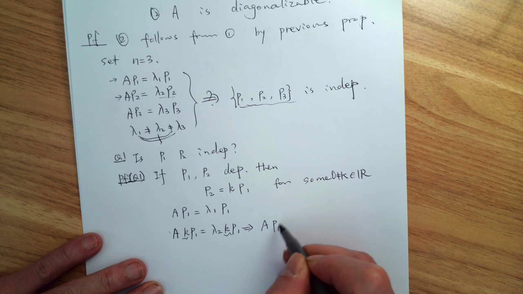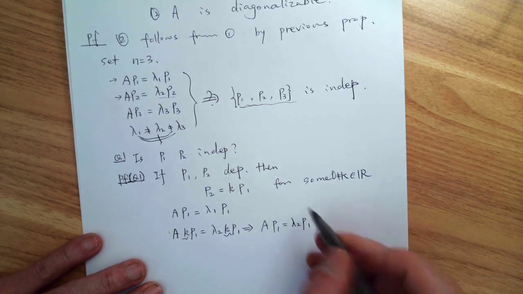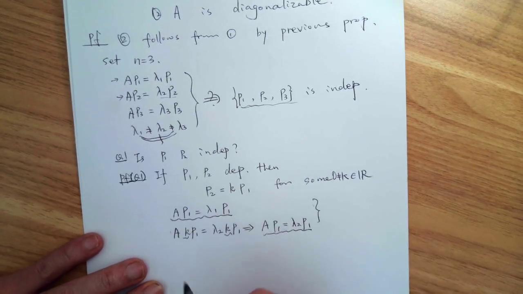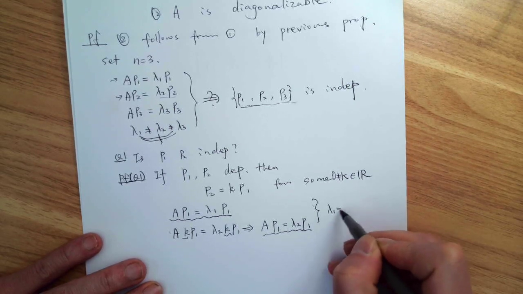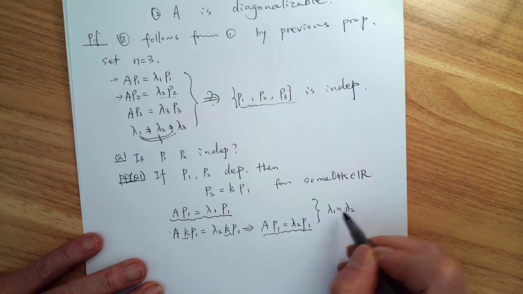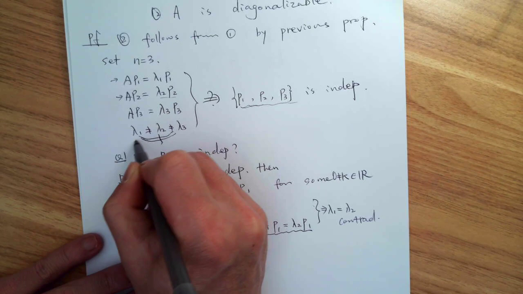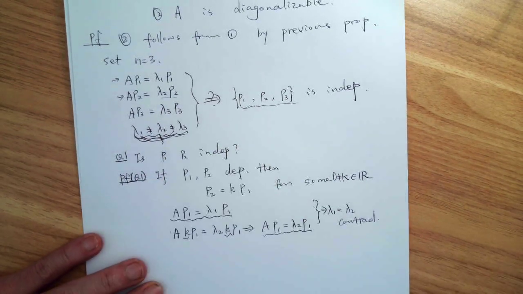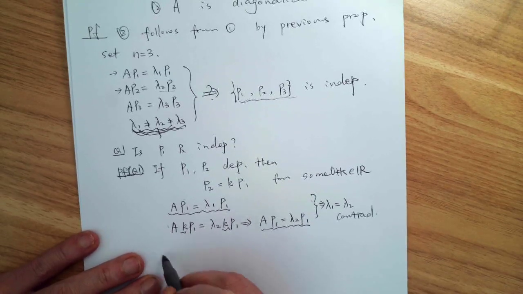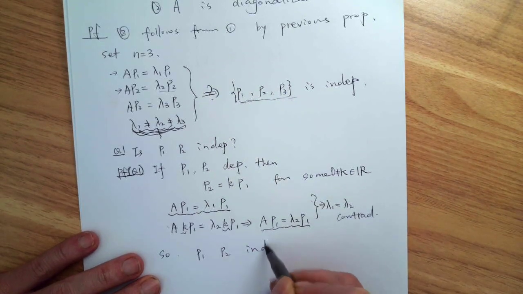So AP1 equals lambda 2 P1. So we have AP1 equals lambda 2 P1, and AP1 equals lambda 1 P1. In other words, lambda 1 has to be lambda 2, which is a contradiction to our assumption of all distinct eigenvalues. So P1, P2 are independent.